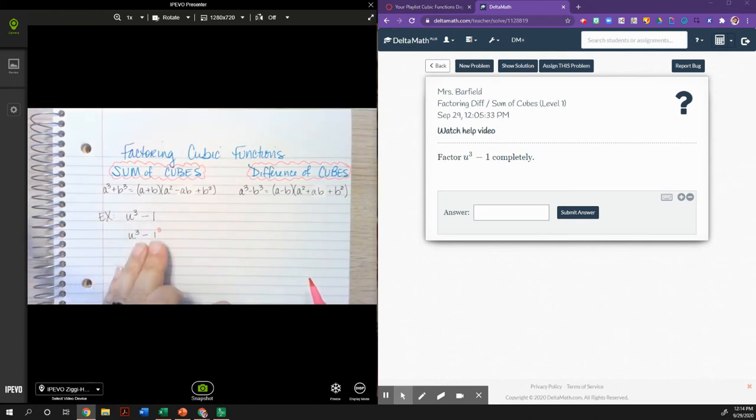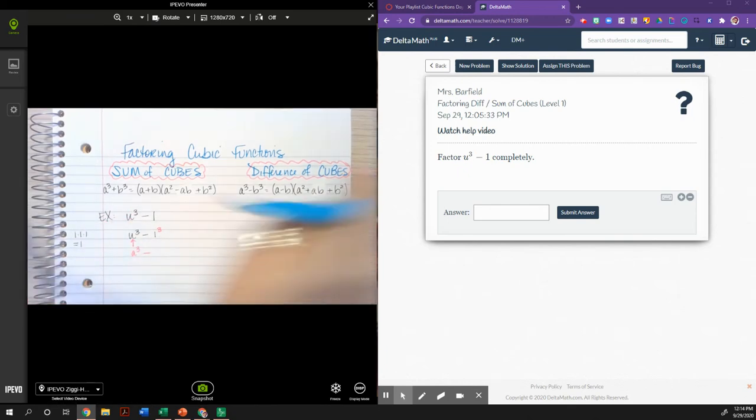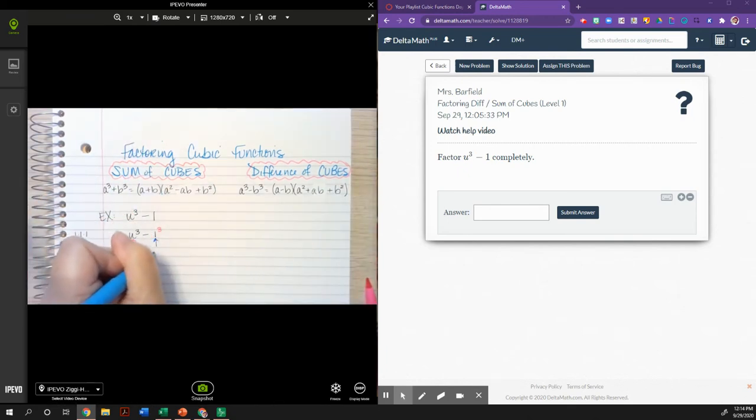That is the same thing, because remember, 1 times 1 times 1 equals 1. So that's why it's 1 to the third. What I tell my students is that the first term is your a to the third in the pattern, minus, and then the second term is your b to the third.